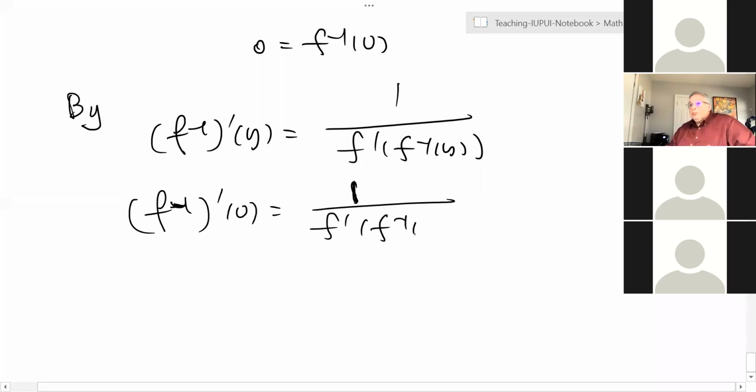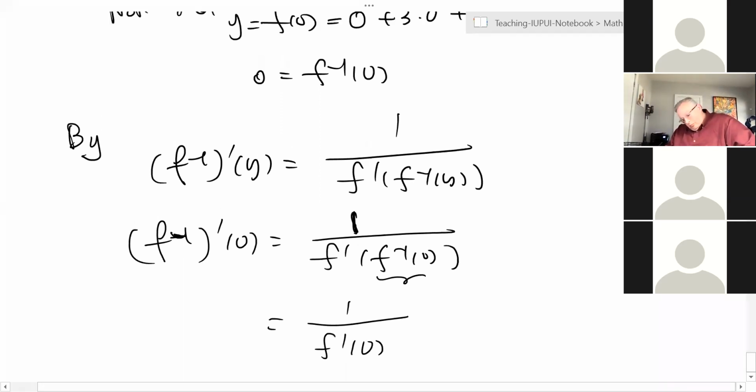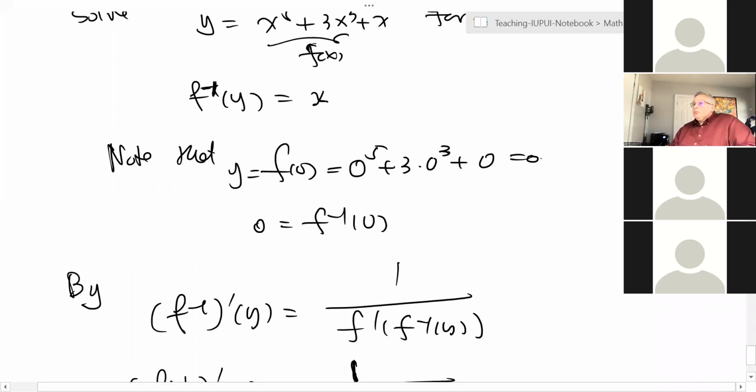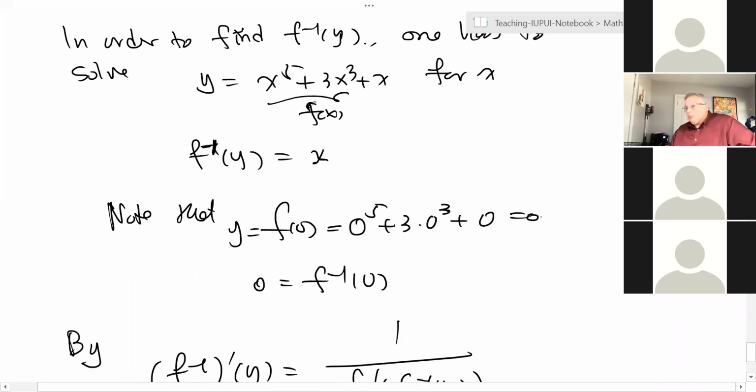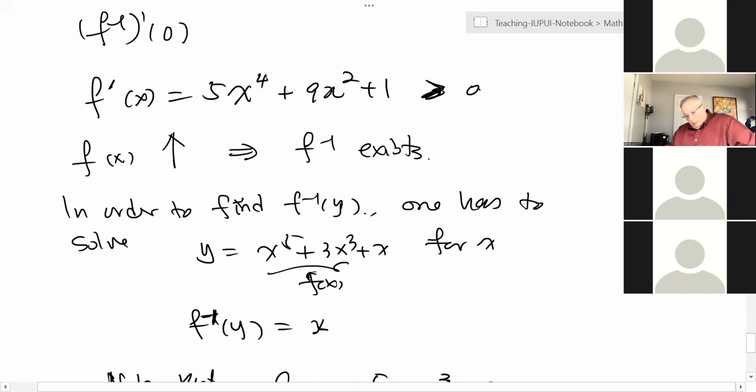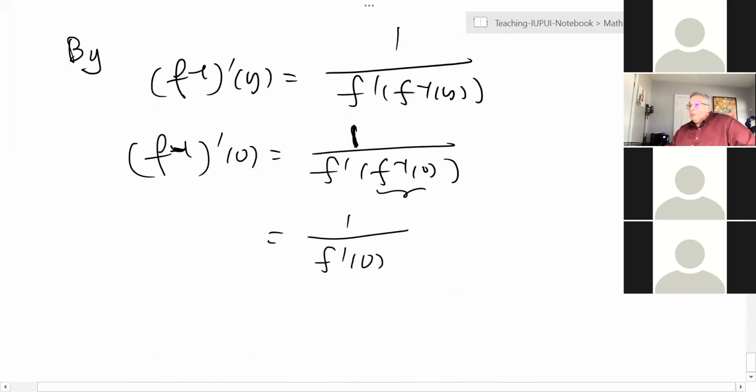So this is the formula. I already know this value is going to be 0. Next step is just to find the derivative and evaluate. And we already know the derivative, we did that at the very beginning to prove that the function is increasing. The derivative is 5x to the fourth power plus 9x squared plus 1, at 0 which is 1.